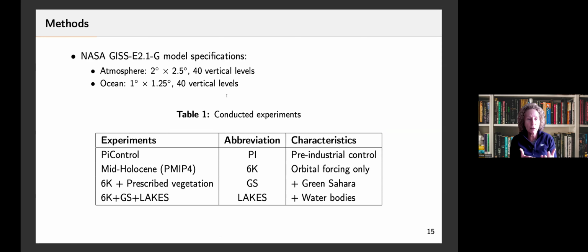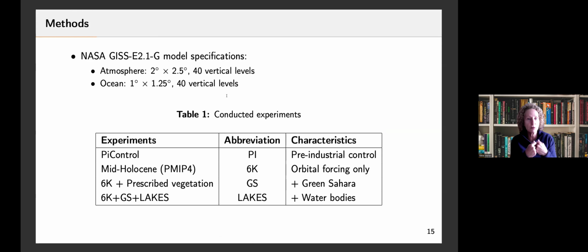The numerical model I use was developed by NASA. One of my co-authors actually developed the model. It was developed at NASA GISS, and it's an E2.1-G, and it has a very low resolution.